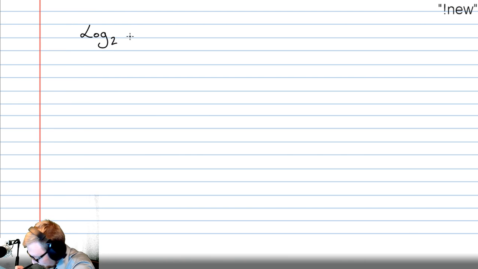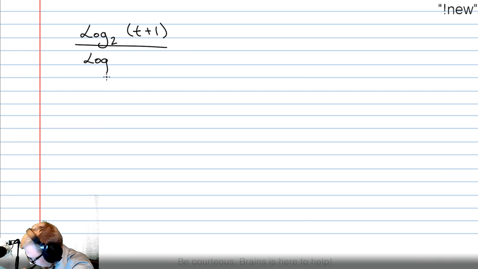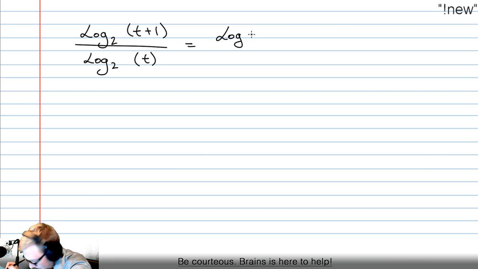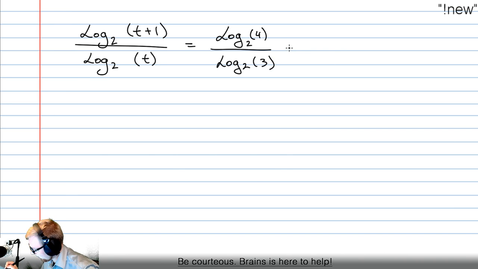We have log base 2 of t plus 1 over log base 2 of t equals log base 2 of 4 over log base 2 of 3. Find the error in this.